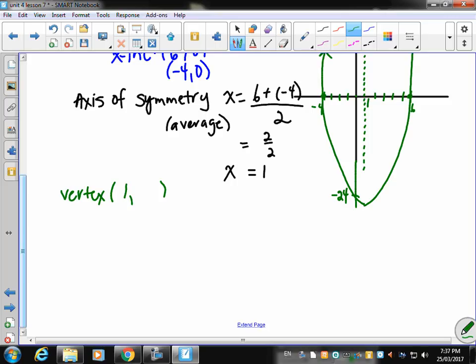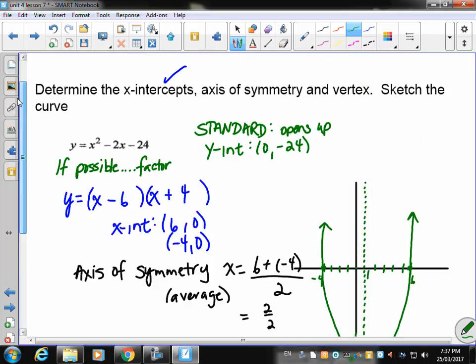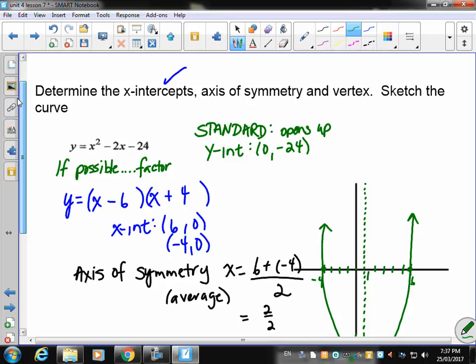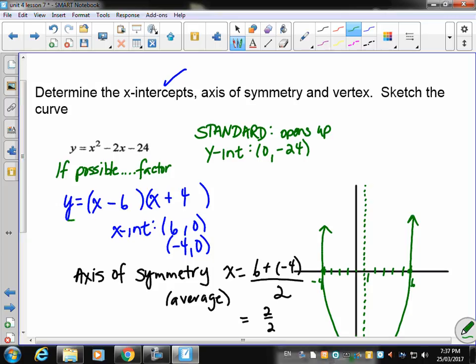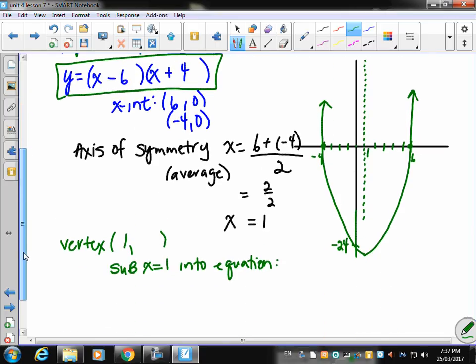To find that y value exactly, I'm going to substitute x equals 1 into the equation. You can substitute x equals 1 into the original equation, y equals x squared, subtract 2x, minus 24, or in factored form. I'm going to put it in factored form. It's faster for mental math.